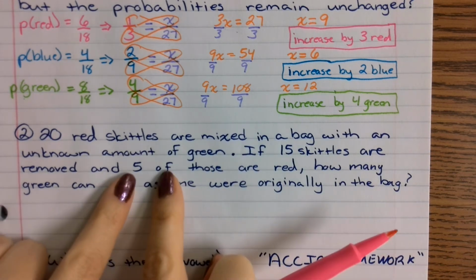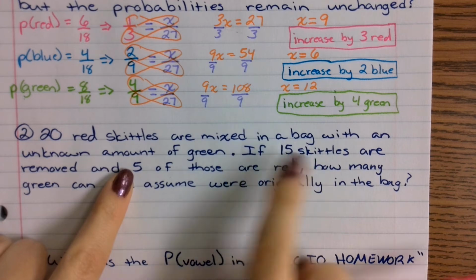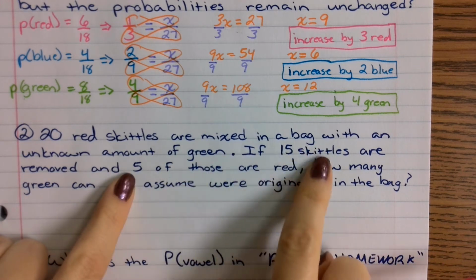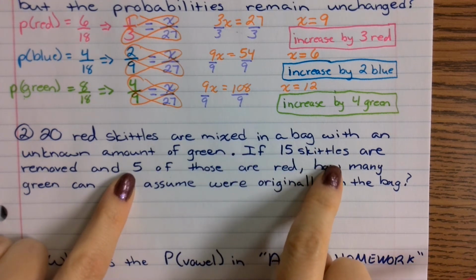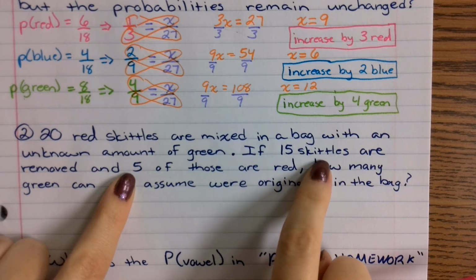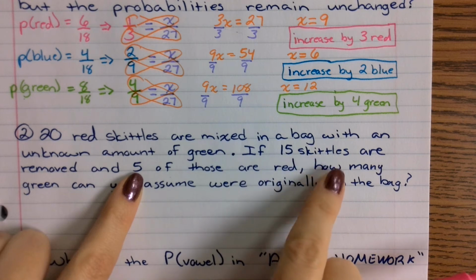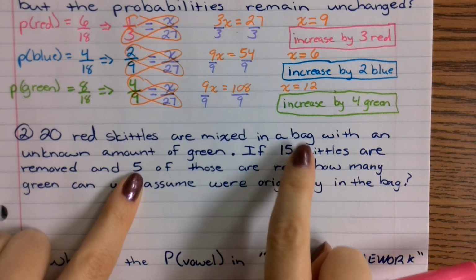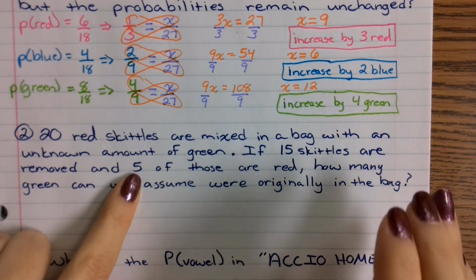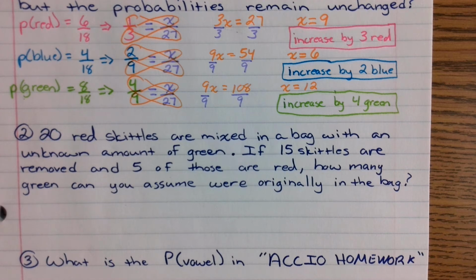So we know that we pulled out 5 red marbles, which means we pulled out how many green? 10, right? If 5 were red, then the remainder had to be green. So 15 minus 5 gives us 10. So 10 green were pulled out of the bag.